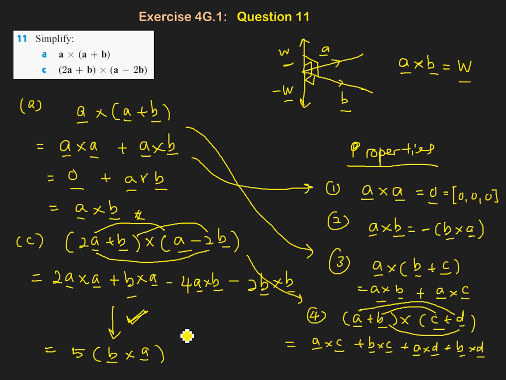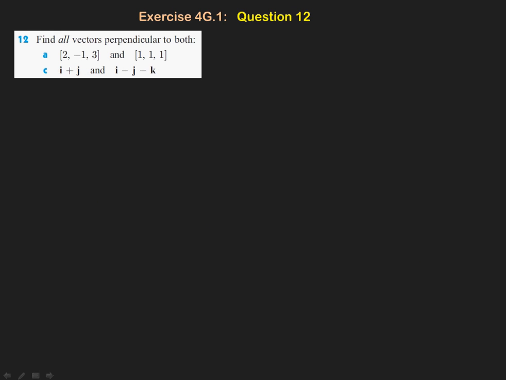And next one, we'll go to the next questions. Question 12: find all vectors perpendicular to both vectors given.